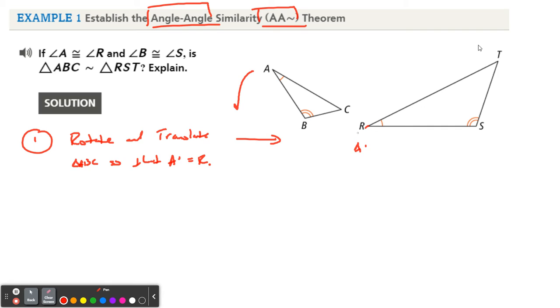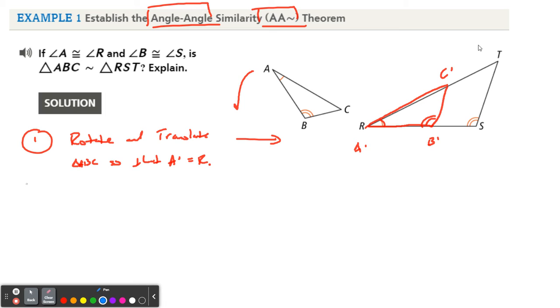AB will be alongside RS. So here's AB, there's B prime, and then C prime will be up here on RT. And these two angles will be congruent, and this will still be marked congruent to angle S. Okay, so that's step 1.